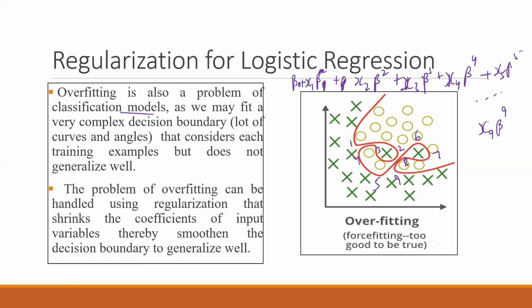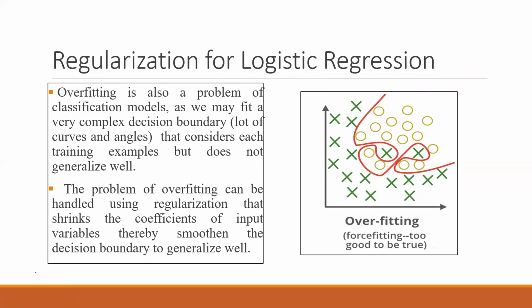So obviously this is a very complex equation, and if we look at the curves from this point, if I'm using so many variables, it will give me a very complex equation. So generally we have to use the power of x.